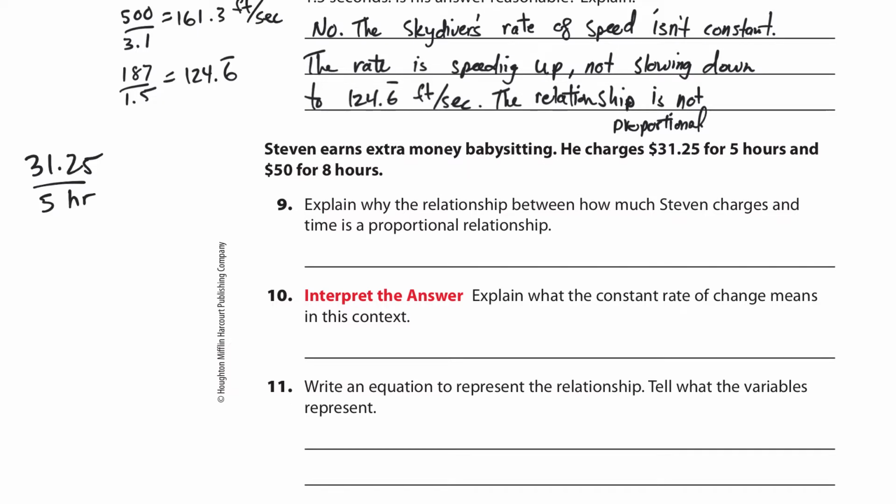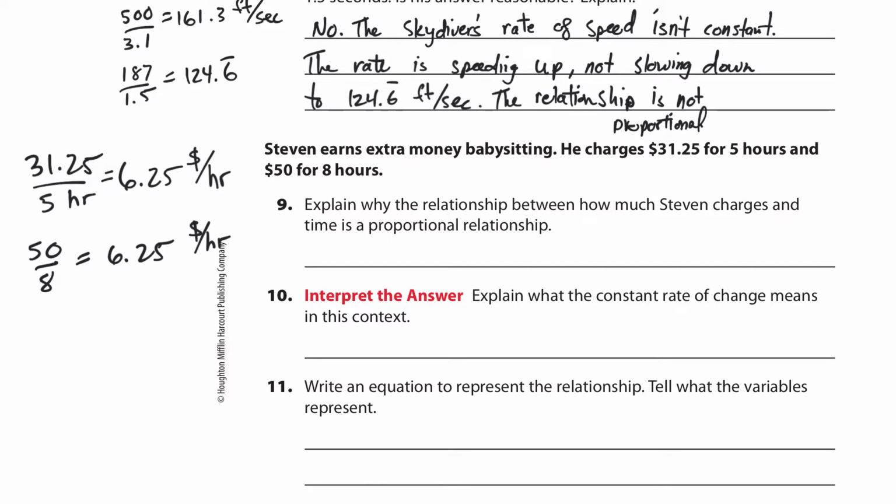If I divide that, I have my trusty calculator here, $31.25 divided by 5 is $6.25 per hour. And then if I take $50 divided by 8, that is also $6.25 dollars per hour.